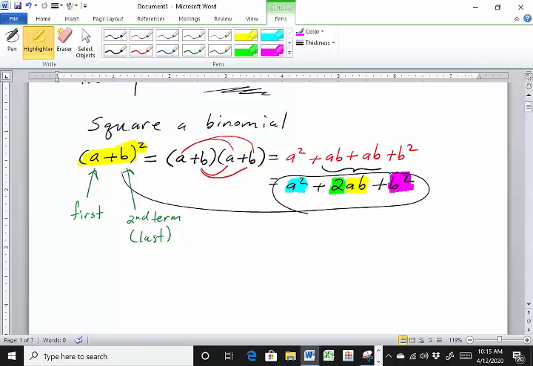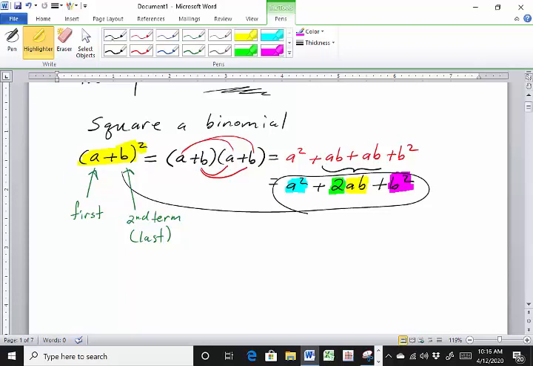Then you double that product, and then you square the second term, or you square the last term. Okay? So let's repeat that. For a binomial squared, you square the first term, multiply the two terms together on the inside, the first and second term, double it, and then you square the last term, or you square the second term.